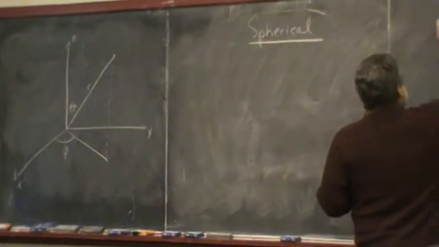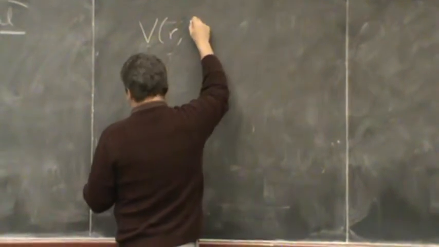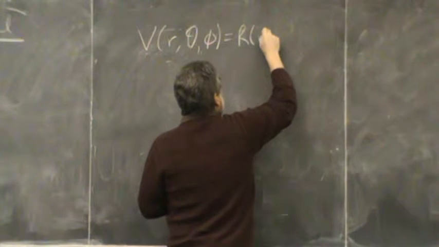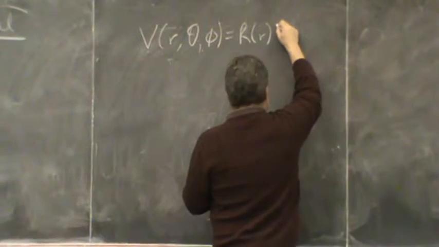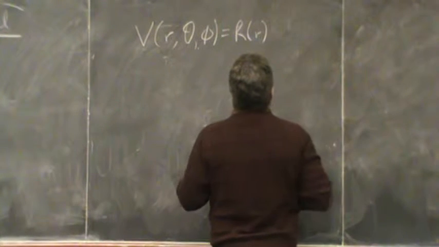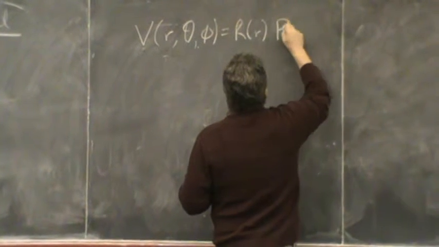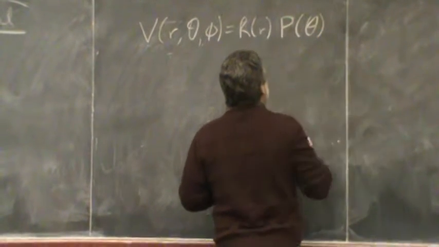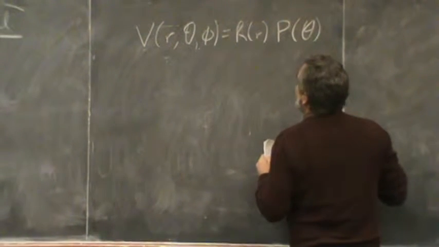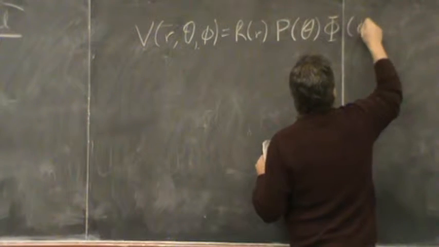So I'm going to assume that V, not volume, R theta phi is R of r, P of theta, and Q of phi.